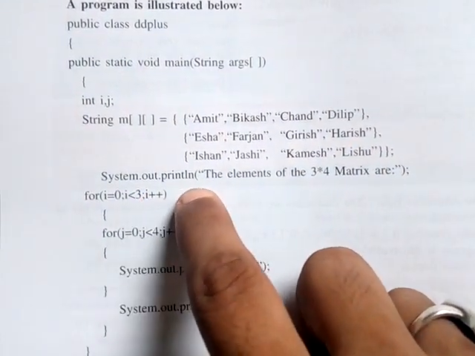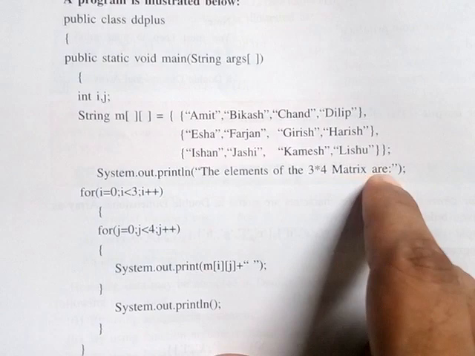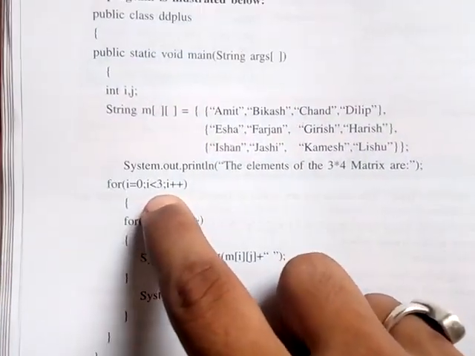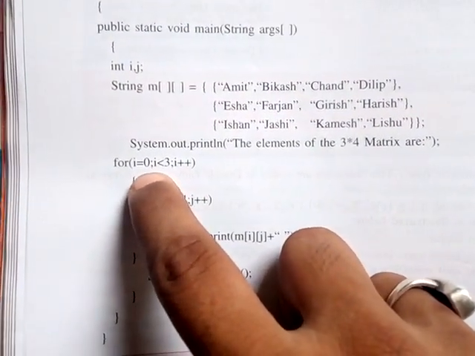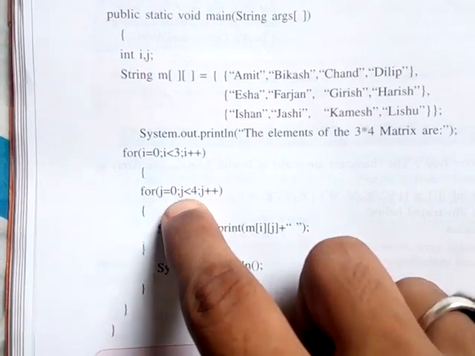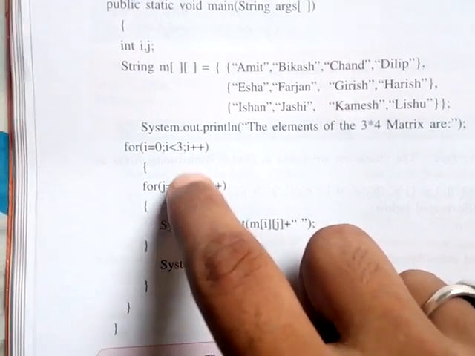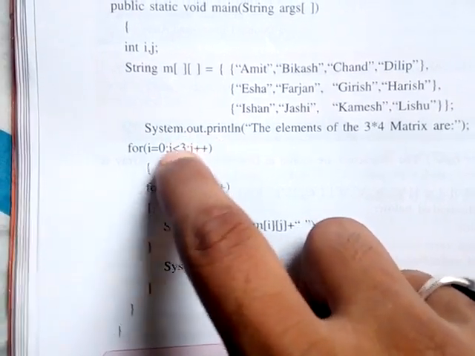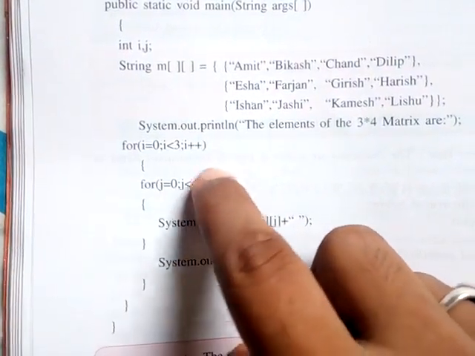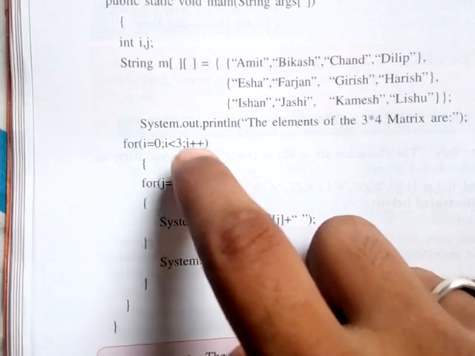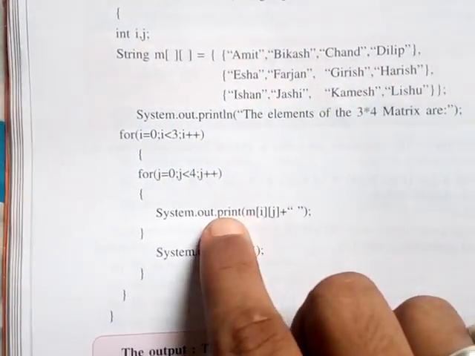So System.out.println, the elements of the 3 into 4 matrix are. See, now the actual work: i equal to 0, 0 less than 3, yes, come down, j equal to 0, j less than 4, yes, because this loop acts as a row, this loop acts as a column, always row then column, as I have explained earlier.